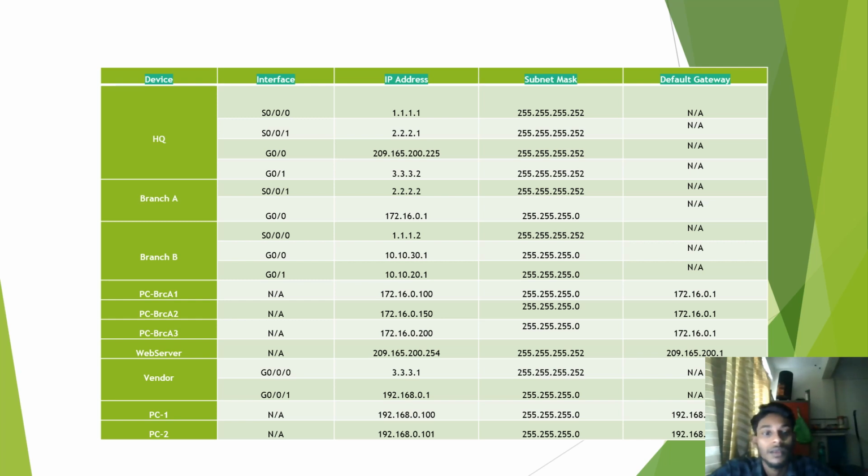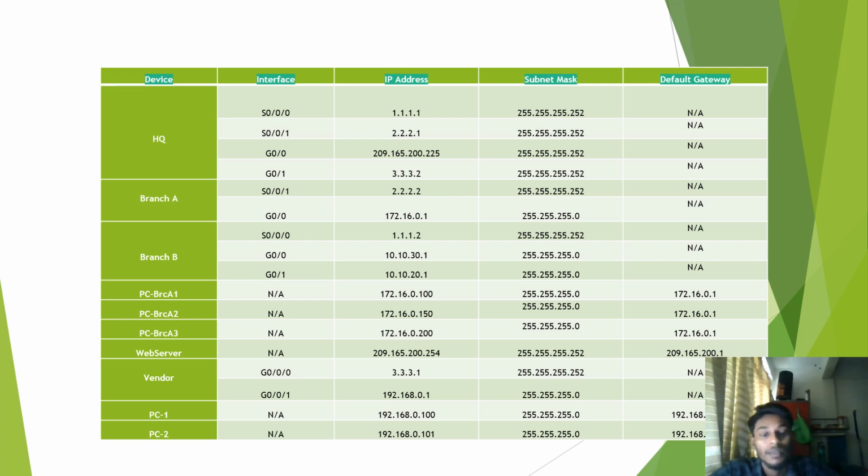Branch A serial port 0/0/1, IP address 2.2.2.2 and subnet 255.255.255.252. GigabitEthernet 0/0, IP address 172.16.0.1, subnet 255.255.255.0.